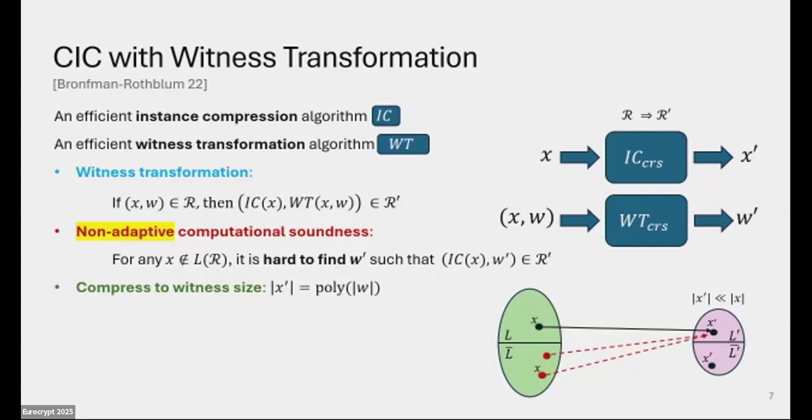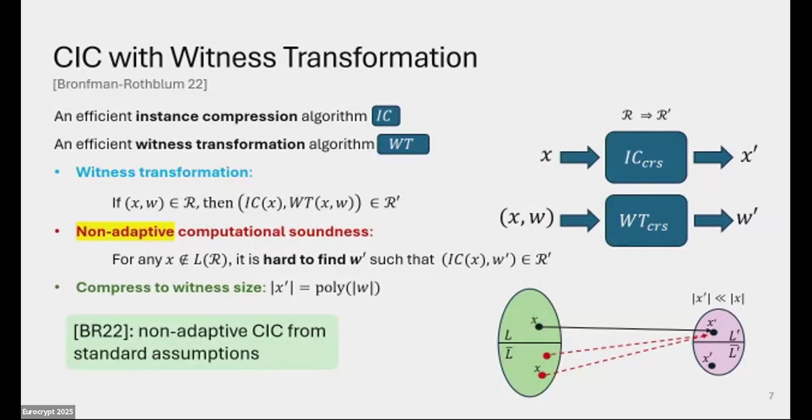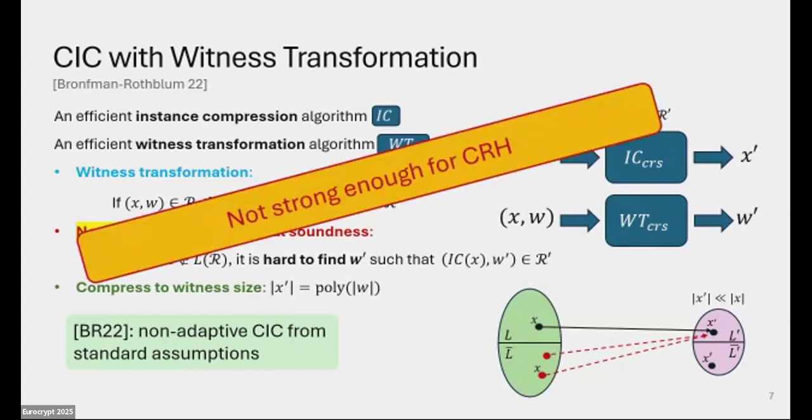It needs to find both an instance and a witness. And nicely, they constructed non-adaptive CAC from standard assumptions. The problem is that this object does not seem to suffice for constructing collision-resistant hash functions. So this notion seems to be weaker than what we need.